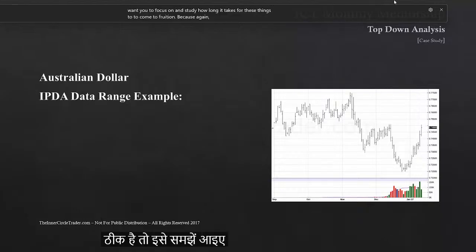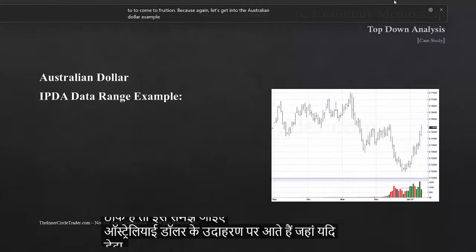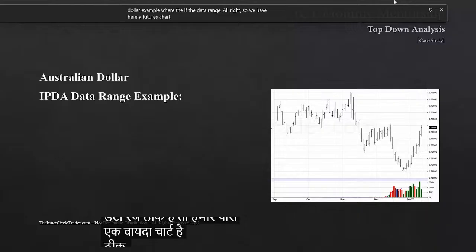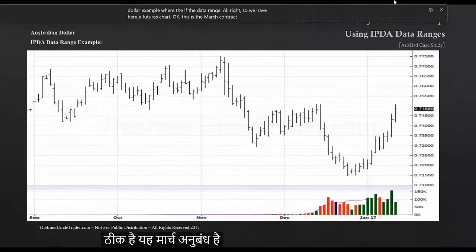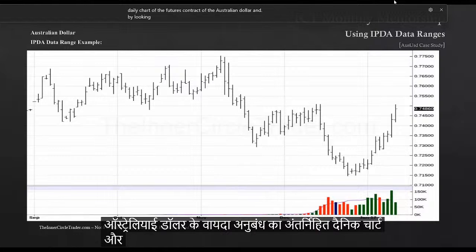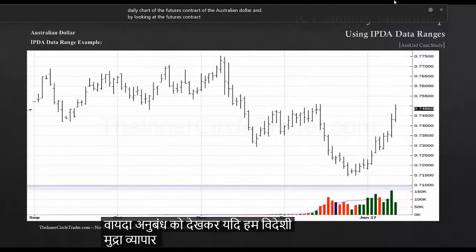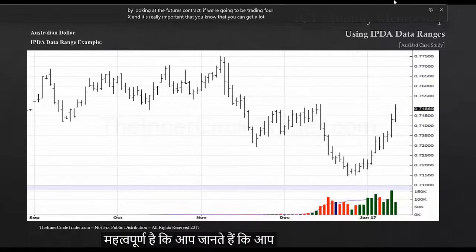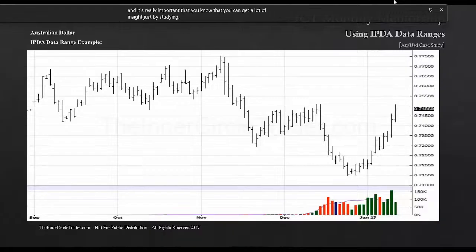Okay, so let's get into the Australian dollar example for the IPDA data range. All right, so we have here a futures chart. Okay, this is the March contract, the underlying daily chart of the futures contract of the Australian dollar. And by looking at the futures contract, if we're going to be trading Forex, okay, it's really important that you know that you can get a lot of insight just by studying the underlying futures price.